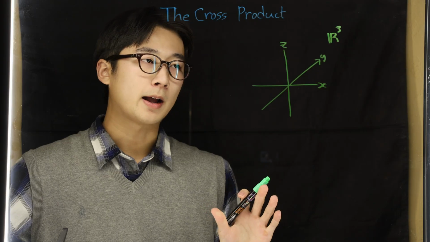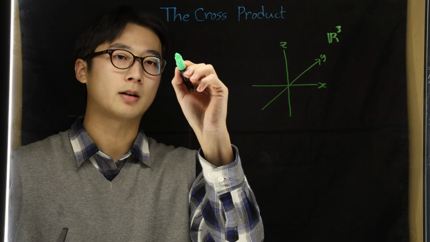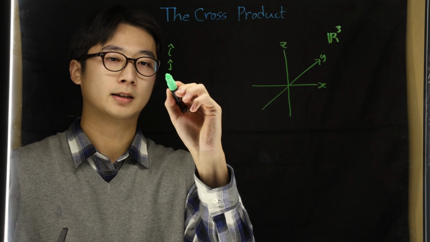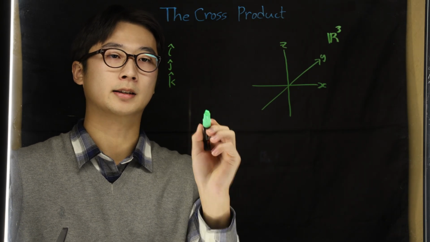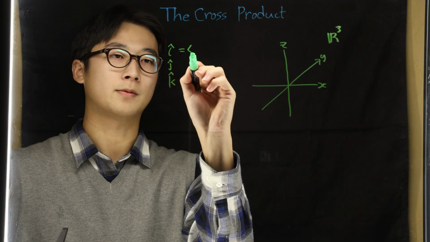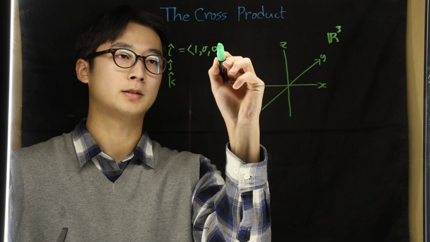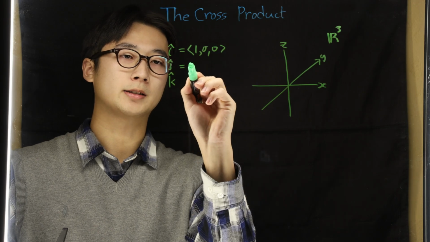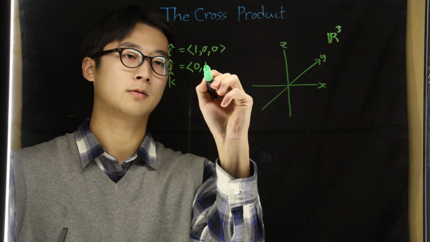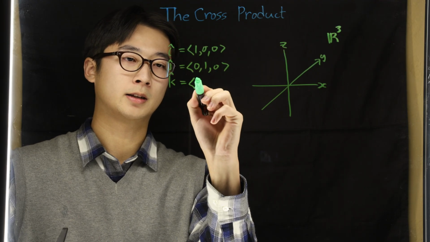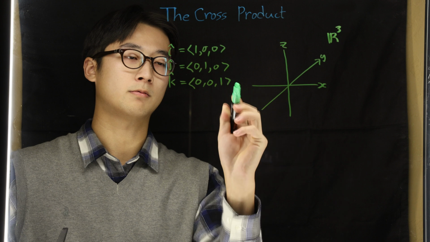And the basis vectors are i hat, j hat, and k hat. i hat is the vector 1, 0, 0. j hat is 0, 1, 0. And k hat is just 0, 0, 1.